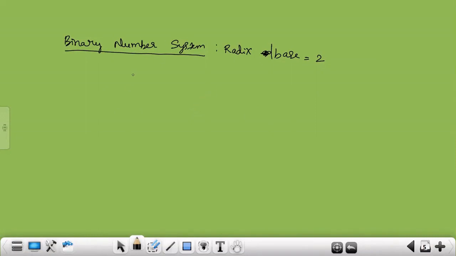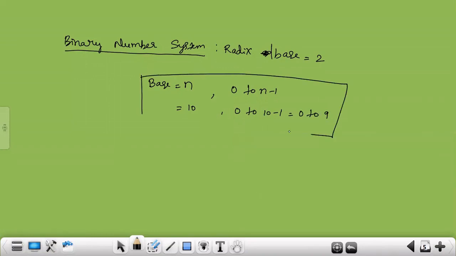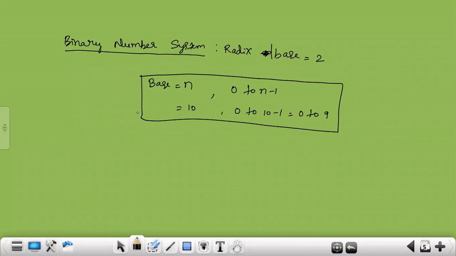One more thing before going to the binary number system: whenever I have a number system with base n, I'll have the elements ranging from 0 to n minus 1. Previously in the decimal number system, the base was 10, so 0 to 10 minus 1 means 0 to 9. For any base n number system, the elements range from 0 to n minus 1.